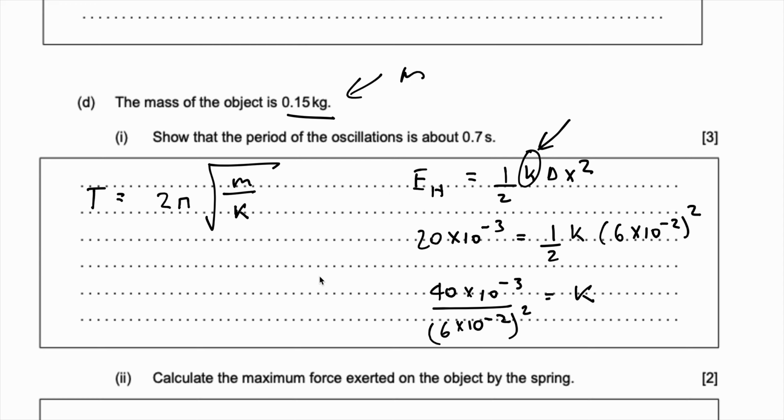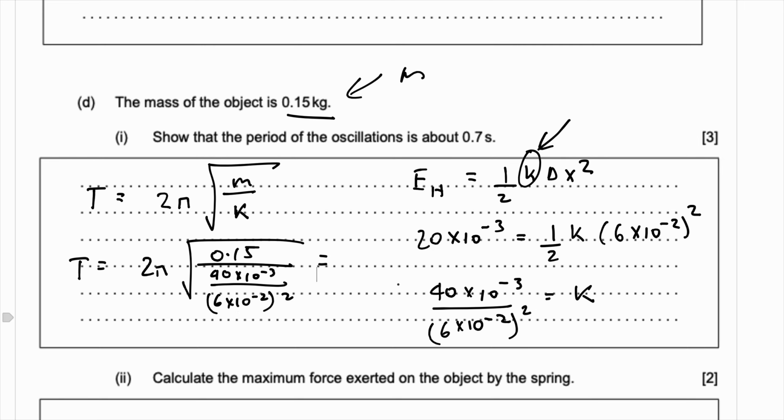Now we can directly plug this into the period equation. So T is equal to 2 pi, we know m is 0.15 and we know k is 40 times 10 to the power of negative 3 over 6 times 10 to the power of negative 2, the whole squared. Now see what that value gives us in the calculator.